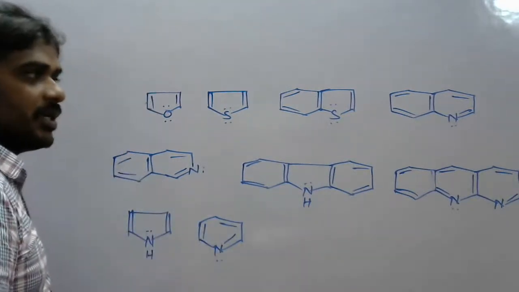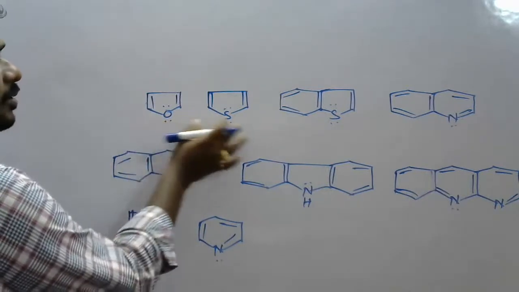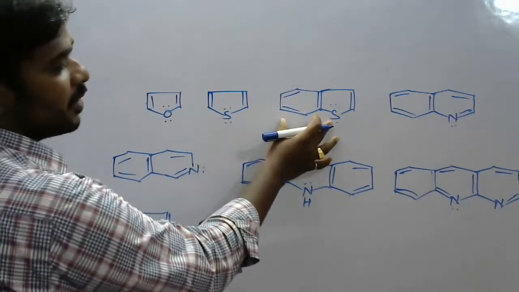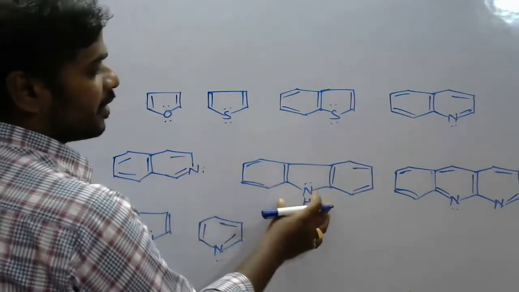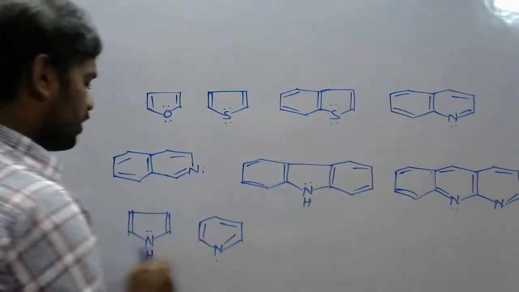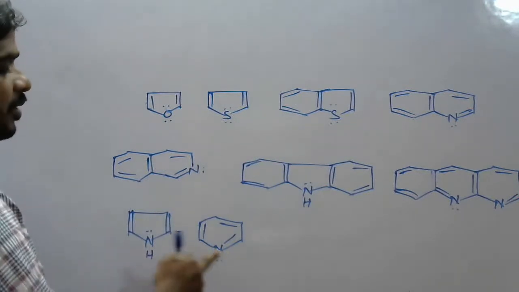So these are the heterocyclic compounds. Here furan, thiophene, here benzothiazepine, here quinoline, here isoquinoline, here carbazole, here acridine, here pyrrole, here pyridine.